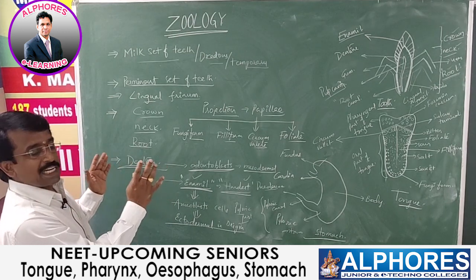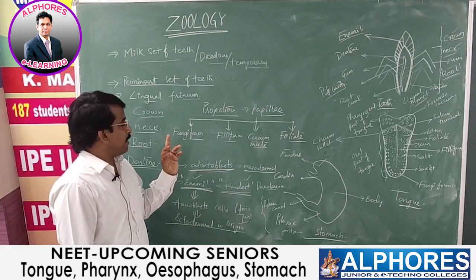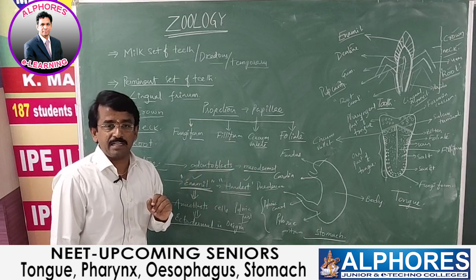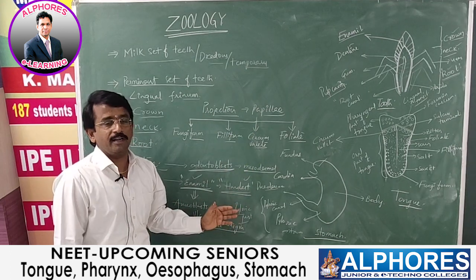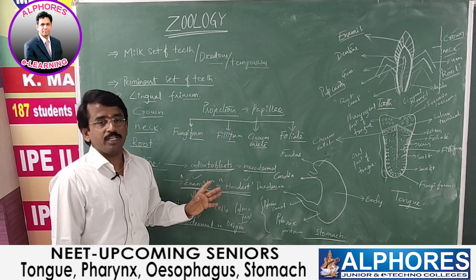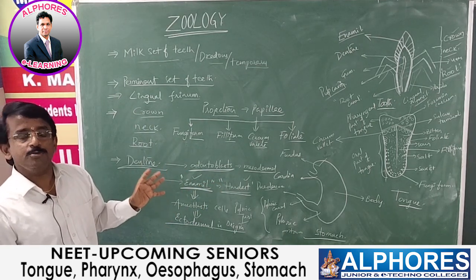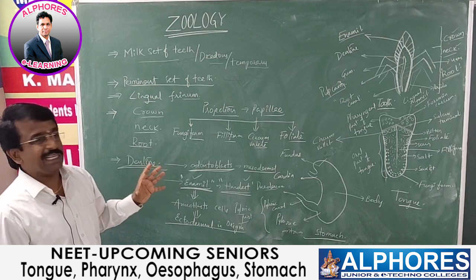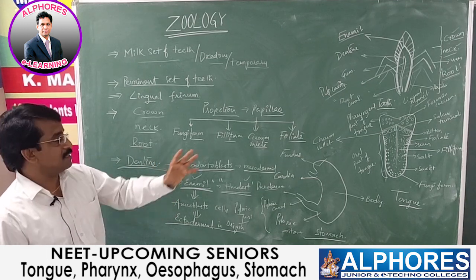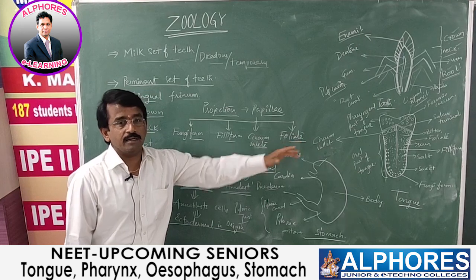Textually, if you see, we find the fungiform, filiform and circumvallate, but we don't see the foliate. According to human physiology, the foliate are present in young children but are degenerated in the adult. That's the reason why we don't see them in the adult.